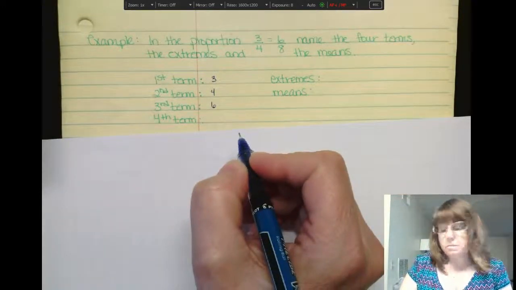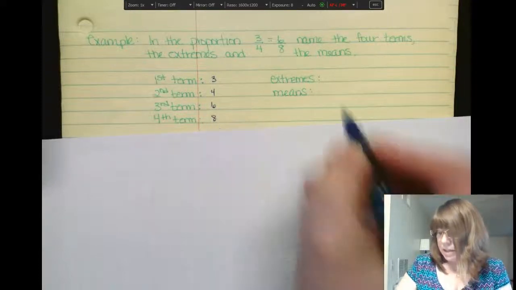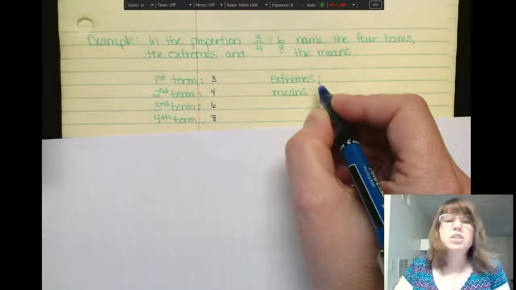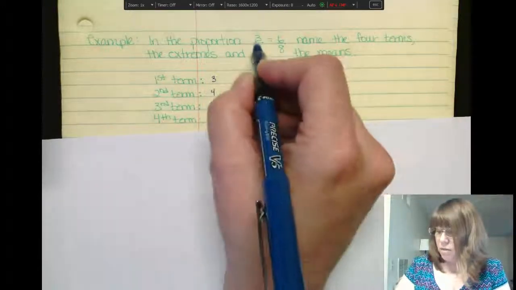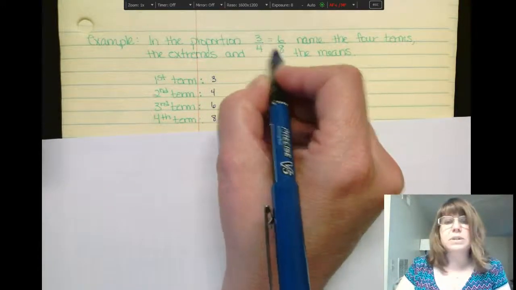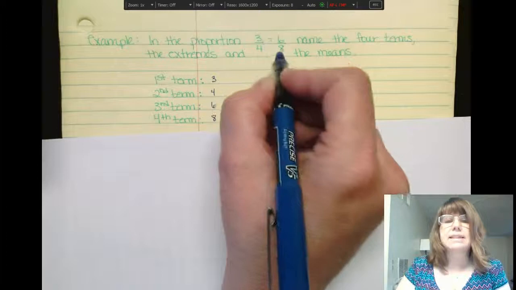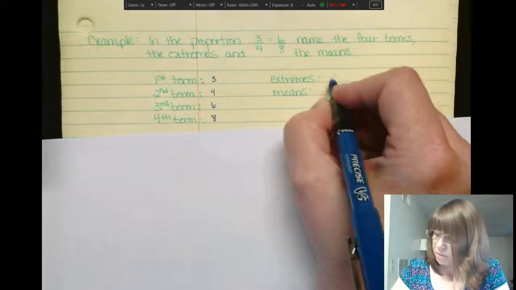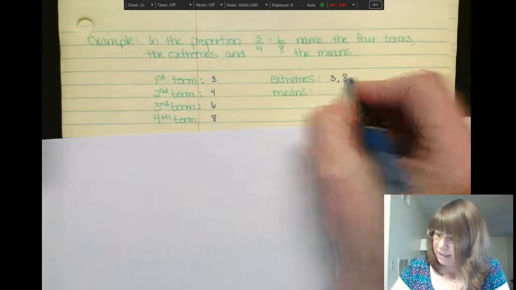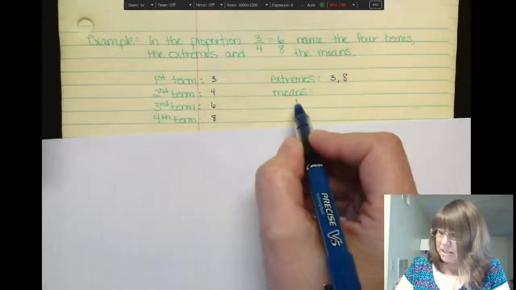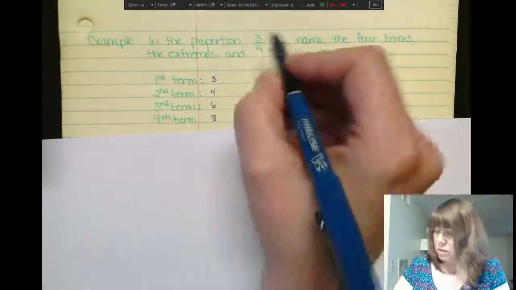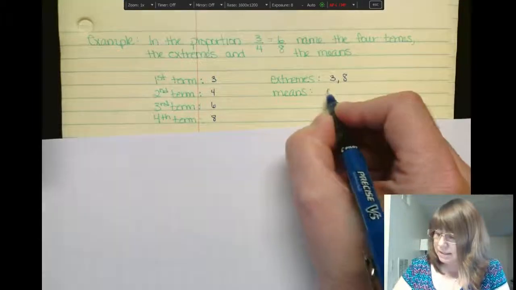The fourth term is 8. The extremes are 3 and 8. Remember, it's kind of in that A slot and the D slot. So the extremes are 3 and 8, and the means are in the BC slot, which is the 4 and the 6.